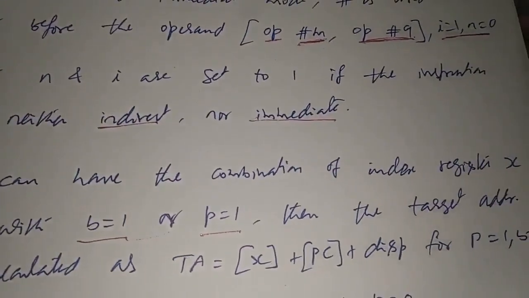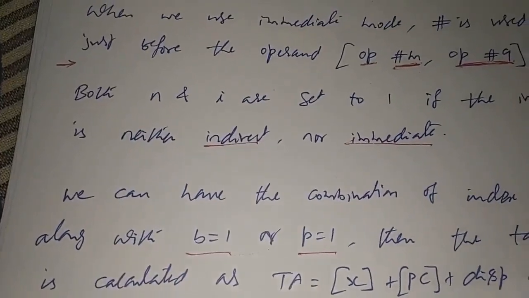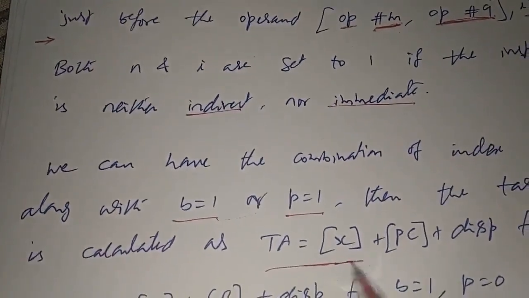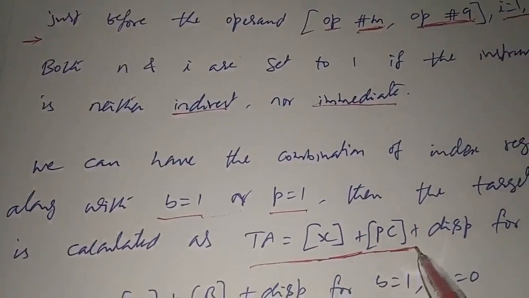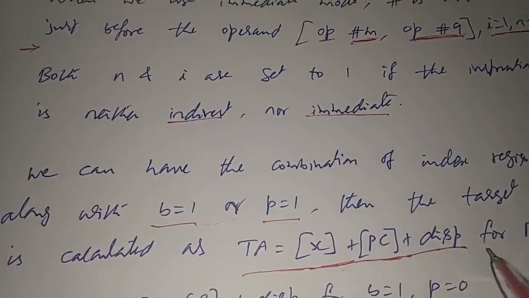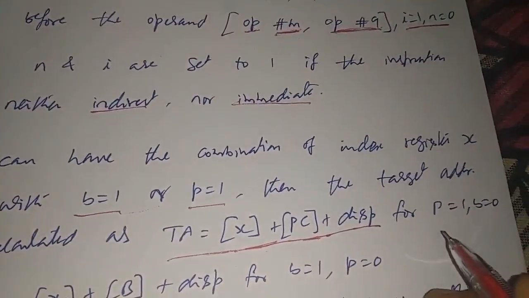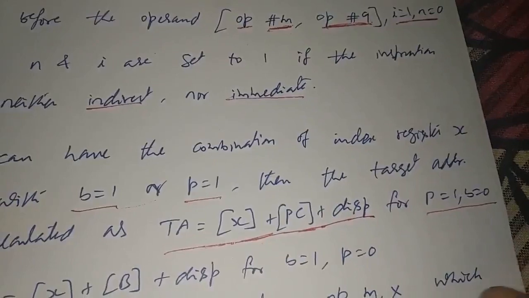Then the target address is calculated as TA equal to contents of X plus contents of PC plus displacement, for P equal to 1 and B equal to 0.